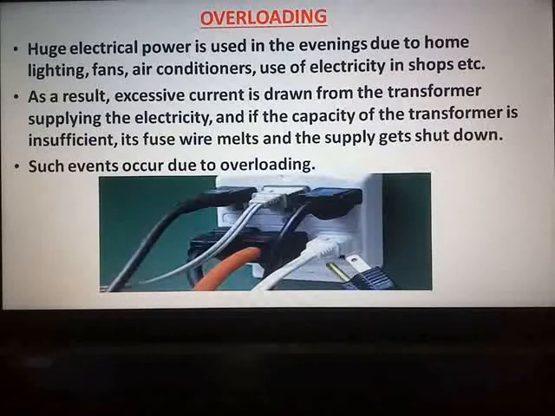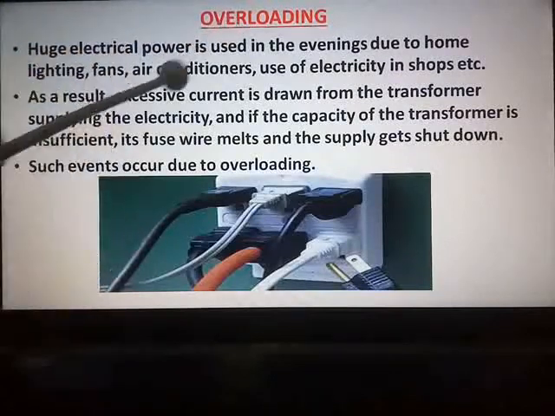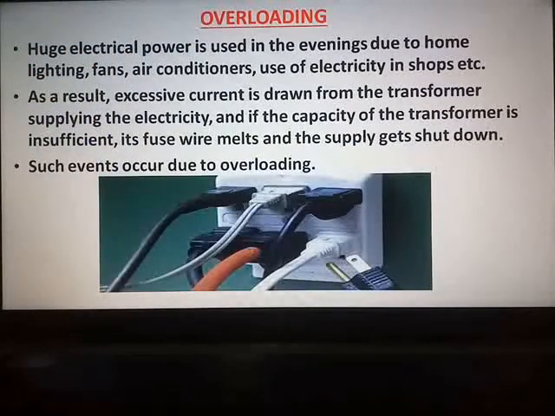If air conditioners work for a large amount of time, you get a very large electricity bill. Why? Because more power is required for its working. Geysers, heaters, they all require a high amount of power, and if all these appliances are switched on at the same time, then overloading can take place, and you can avoid that only by not connecting many appliances at the same time in a single circuit.